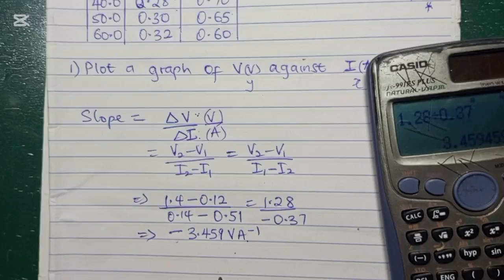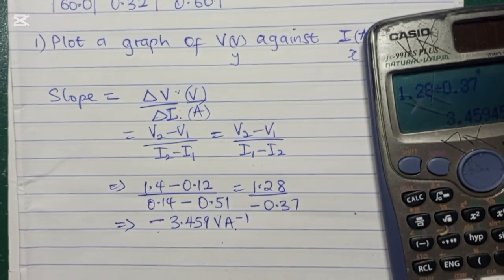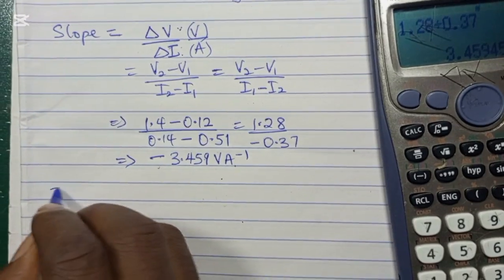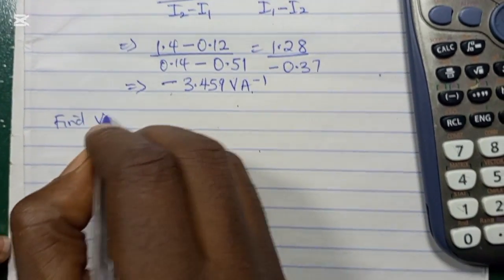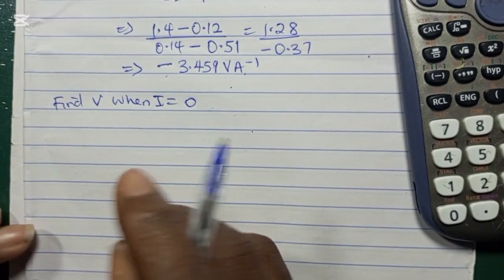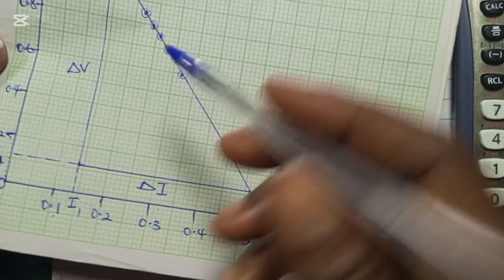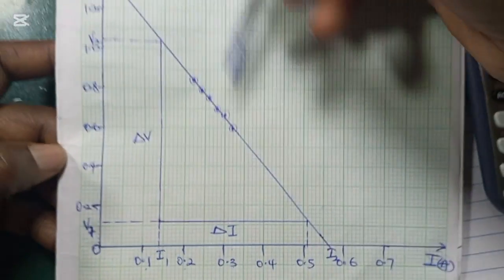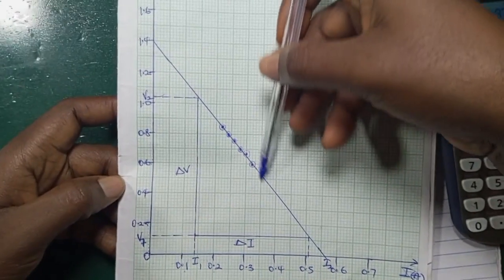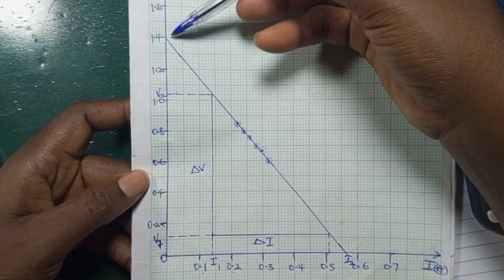Okay, now the next question you may be asked is to determine the value of V when I equals 0. So find V when I equals what? 0. Okay. Now I'm going to use it from this graph. Look at it now. You're looking for I. When I is 0, this is where I is 0.